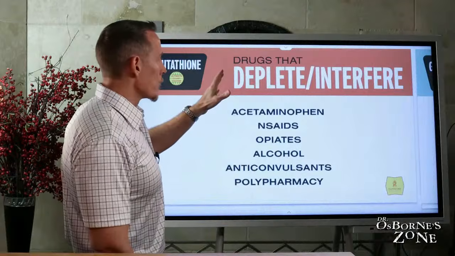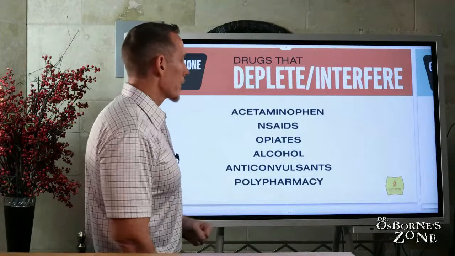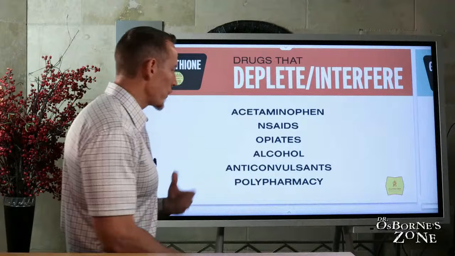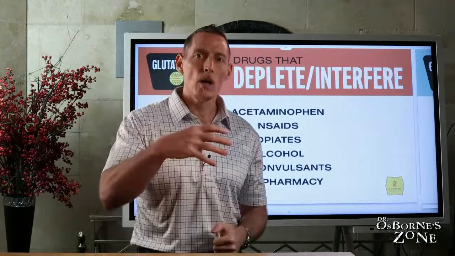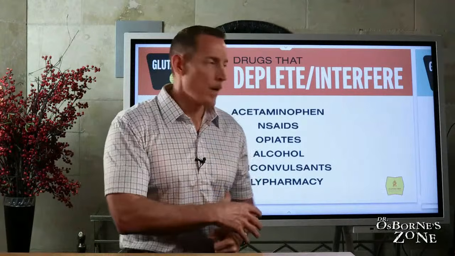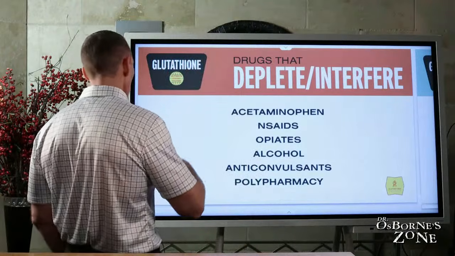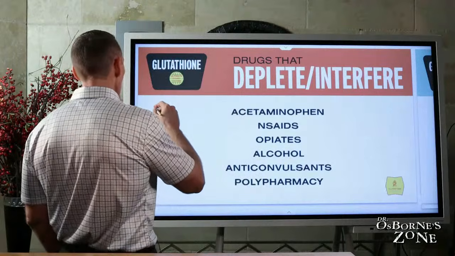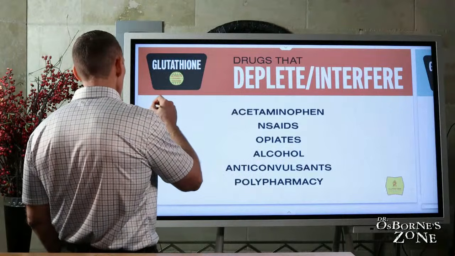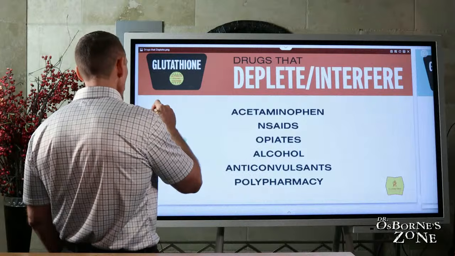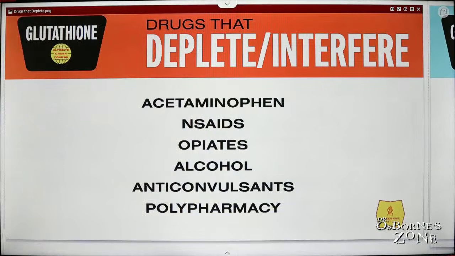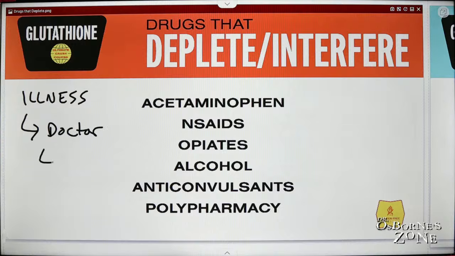Let's talk a little bit too about drugs that deplete or interfere with glutathione. Many of you, if we go back to what we were talking about earlier, have inflammatory diseases. Now, if we're talking about industrialized countries like the U.S., the UK and the European Union, what do we have? You have an illness. Something's wrong with you, right? So you go to your doctor, you get a diagnosis.